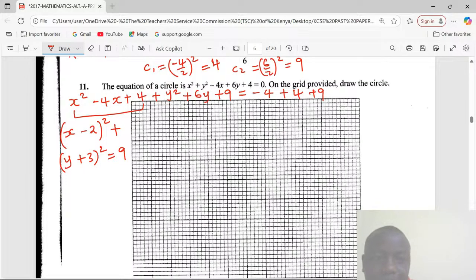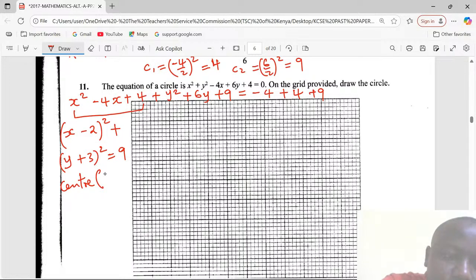So we now have an equation for the circle, meaning that the center can be concluded very quickly as positive 2 and negative 3, and the radius is 3 units.